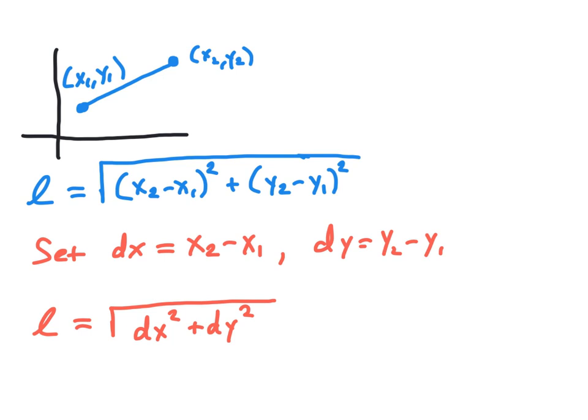So this length will give us the length of the blue line segment at the top of the screen. Now that we have a nice formula for the length of a line segment, we're going to use this to first approximate and then find the exact value of the arc length for a general curve in the plane.